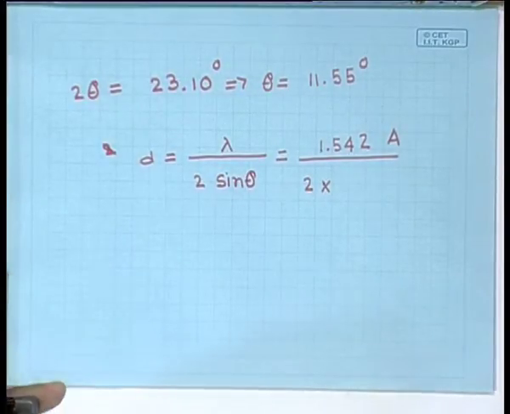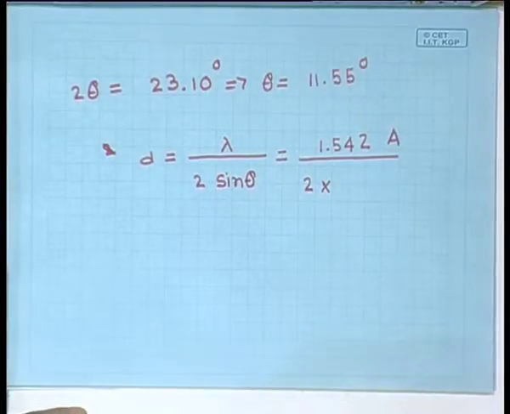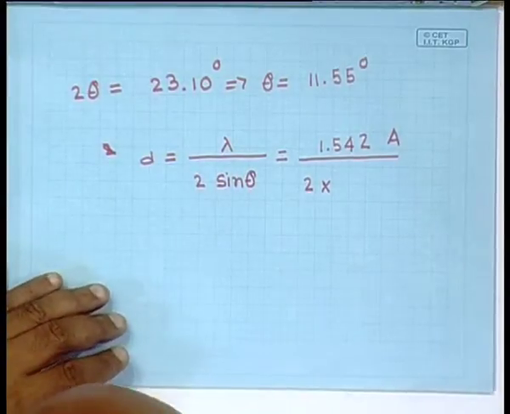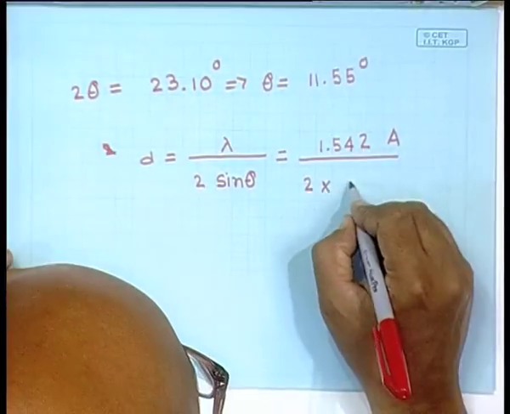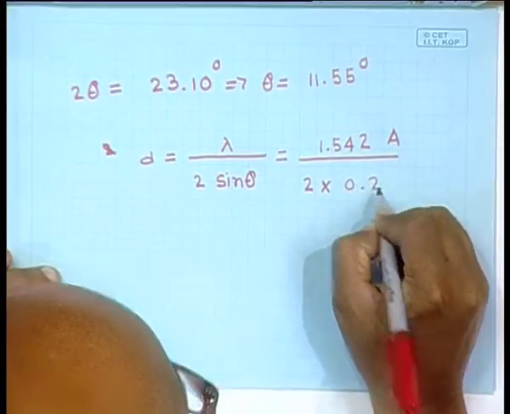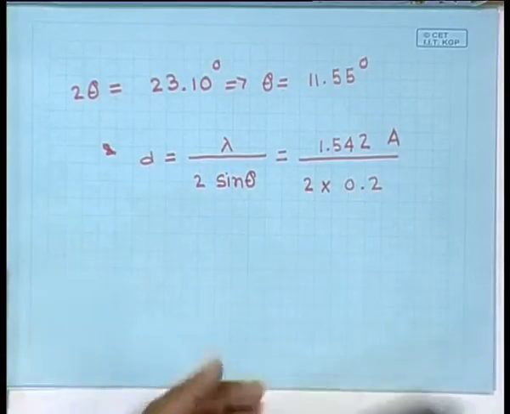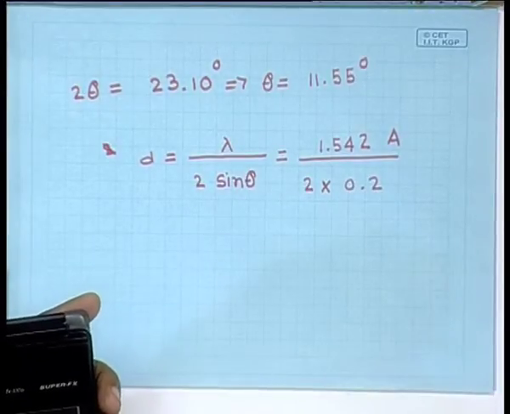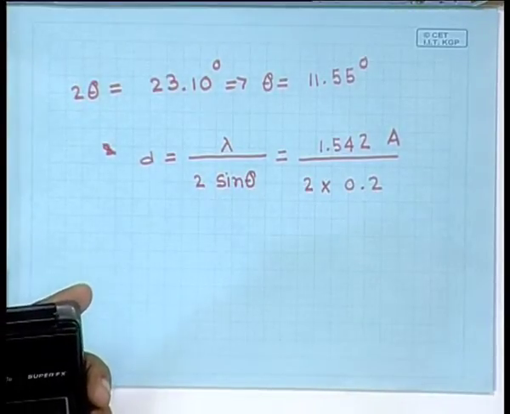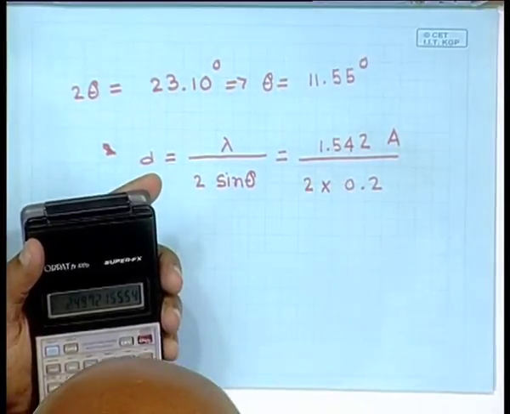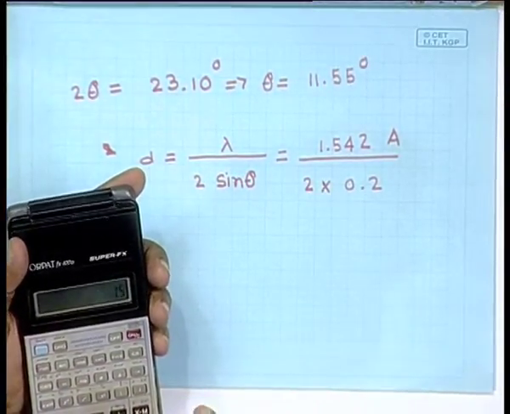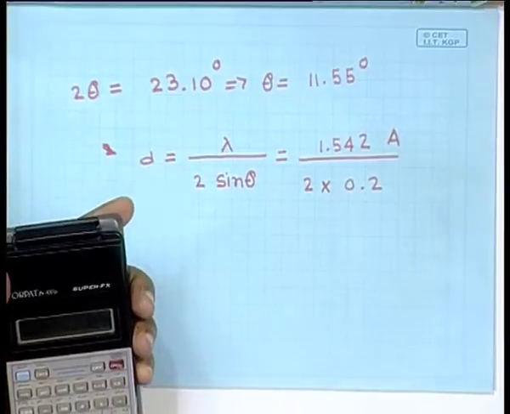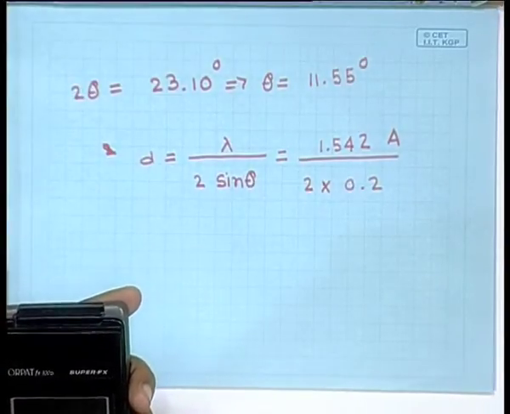Let me calculate that. I have to take the sine of this, which is 0.20. So, let me now do the calculation: 2 times that, take the inverse, and multiply by 1.542, and it gives me 3.85.